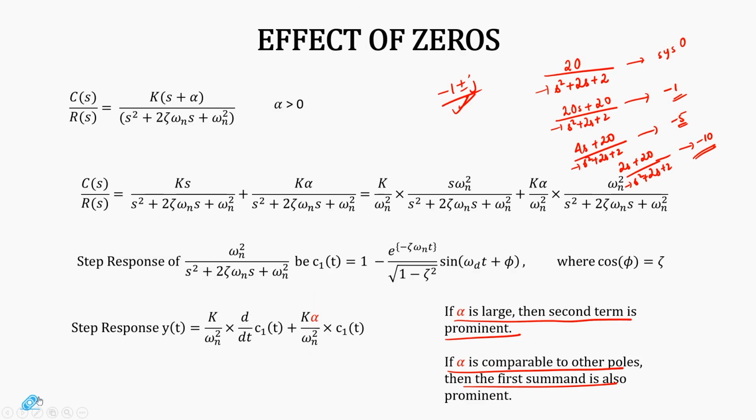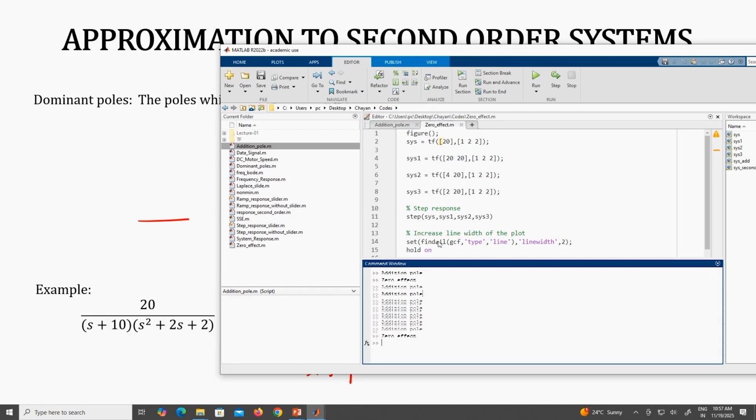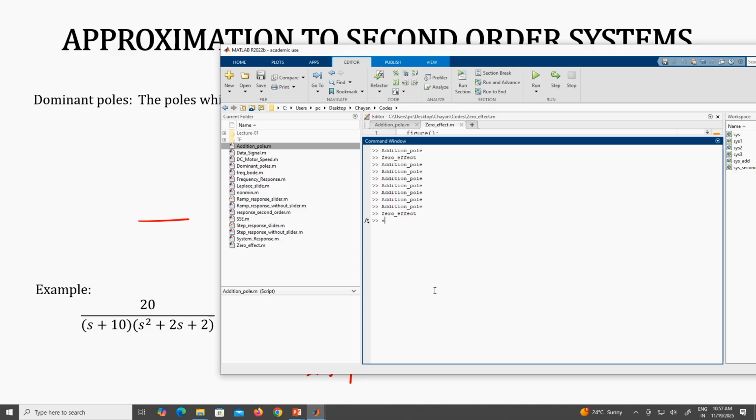For that, I will go back to MATLAB and write down a transfer function here. We already know how to write down a transfer function, but there is another way. S equal to tf('s'), first you define s. Then the transfer function is G equal to 20 by (s plus 10) into (s square plus 2s plus 2).